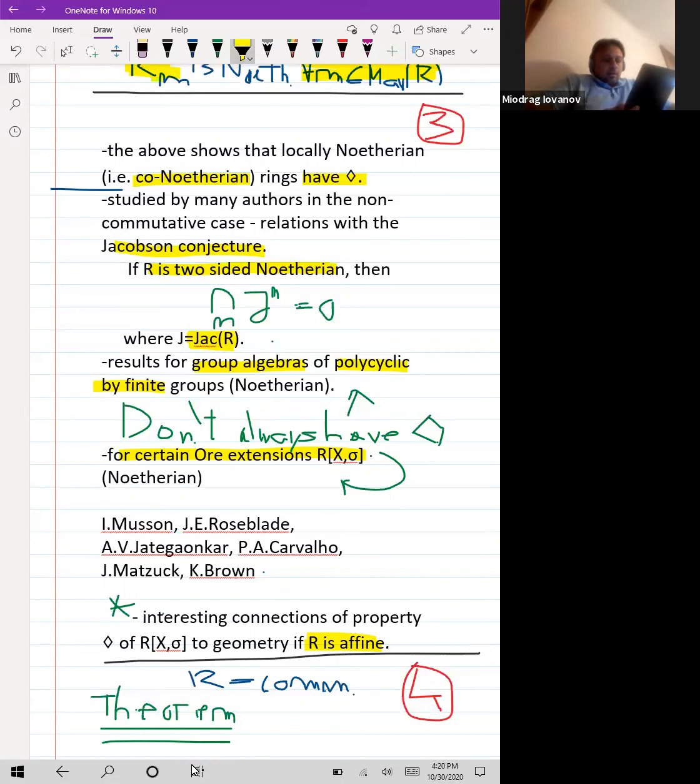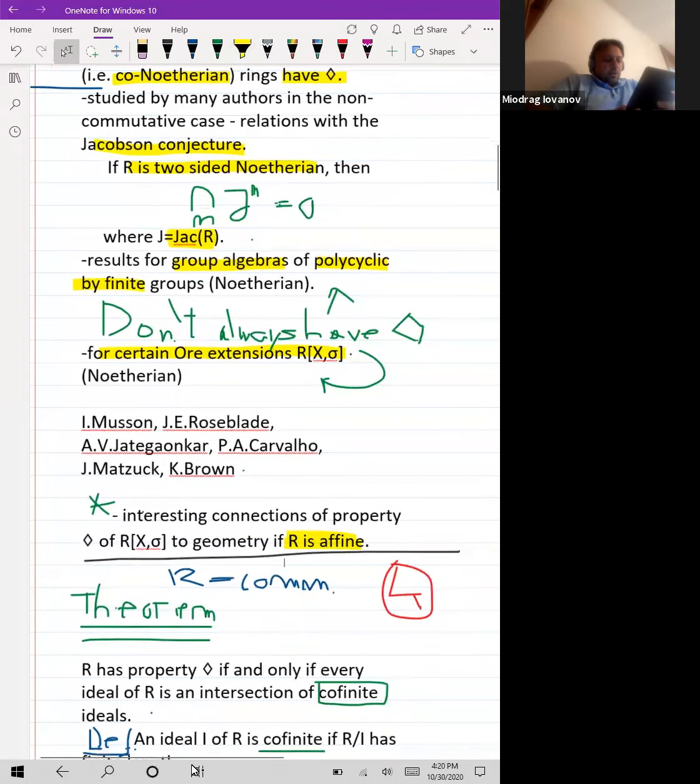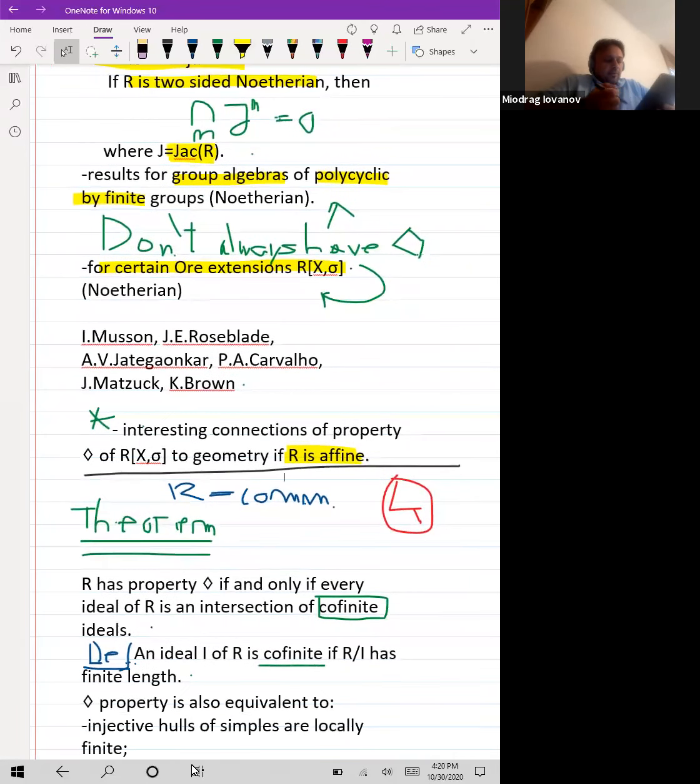In the non-commutative world, we of course have examples of simple modules that are infinite dimensional. They also found a lot of connections even when R is just commutative polynomials, for example the complex numbers adjoin X and Y, with an automorphism that is just an affine automorphism coming from a linear transformation on the linear polynomials, extended to the ring.